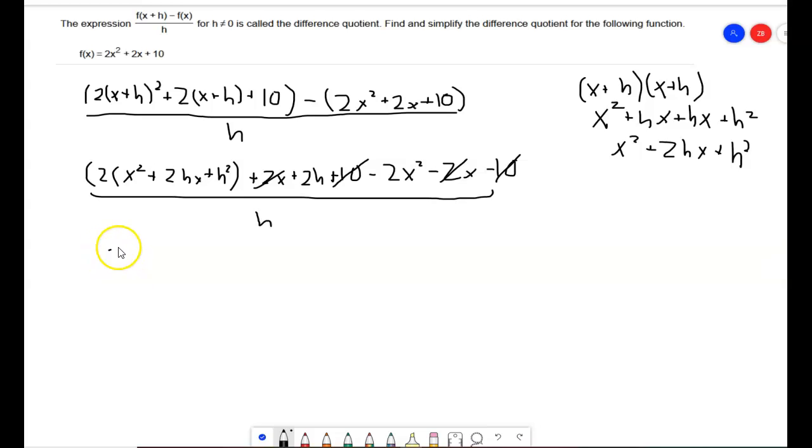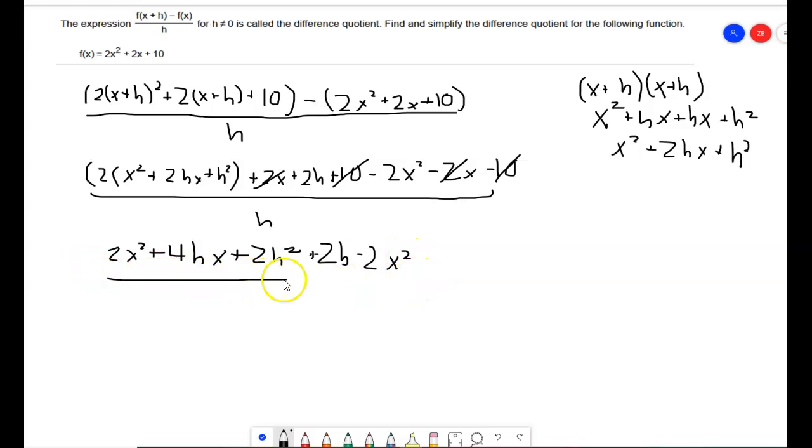So this is going to be 2x squared, 2 times that is plus 4hx, plus 2h squared, plus 2h, minus 2x squared, all over h.